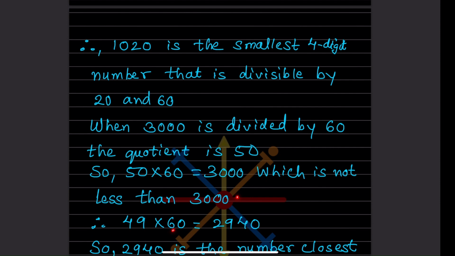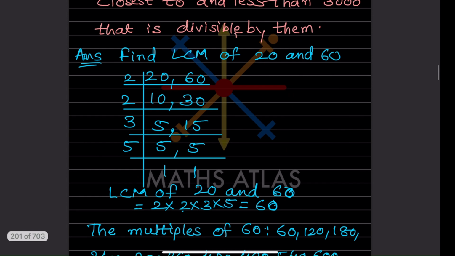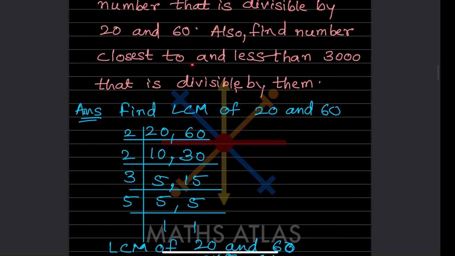So again, you will take one number less. Instead of 50, you will take 49. 49 multiplied by 60 is going to be 2940, because they asked for the number closest to and less than 3000. Hope you got this one.